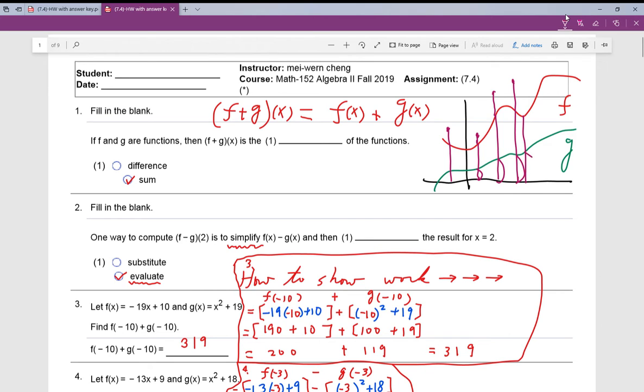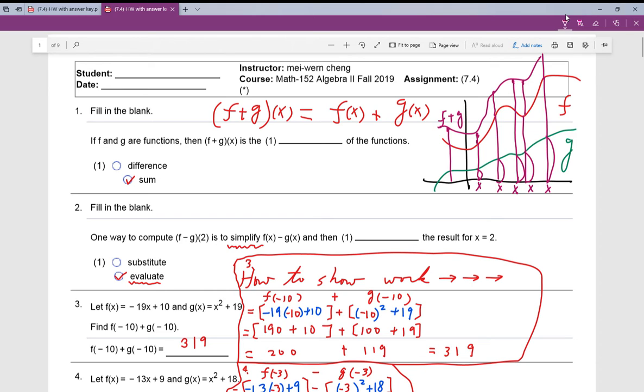So I connect them together. This is f plus g. So if you have the same x to input, then you just add the y values together.